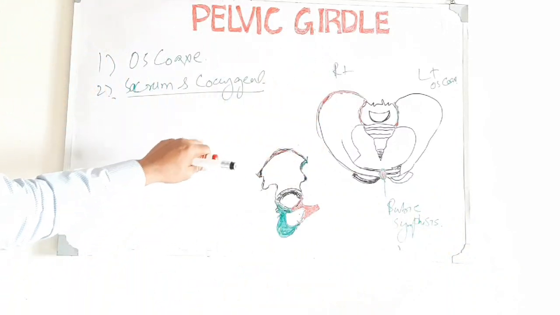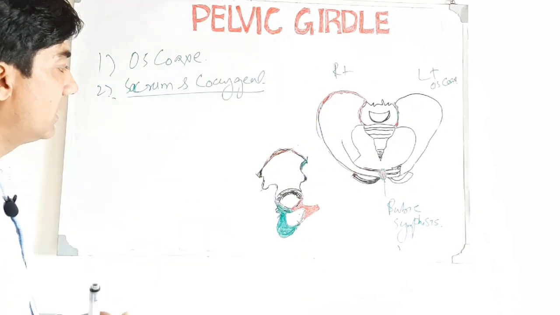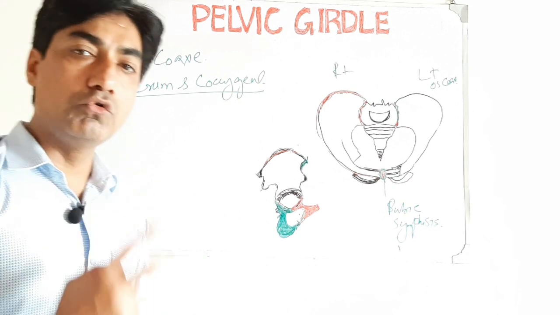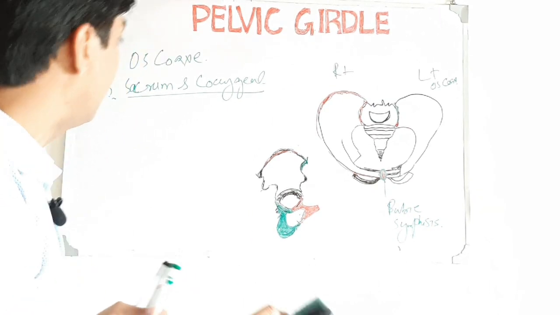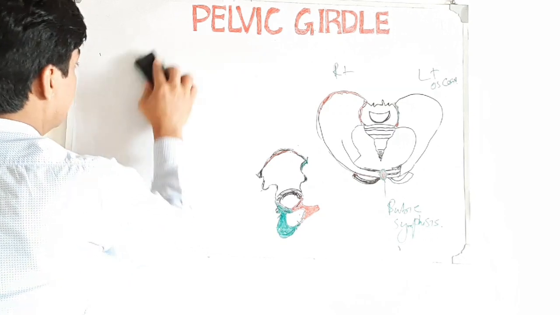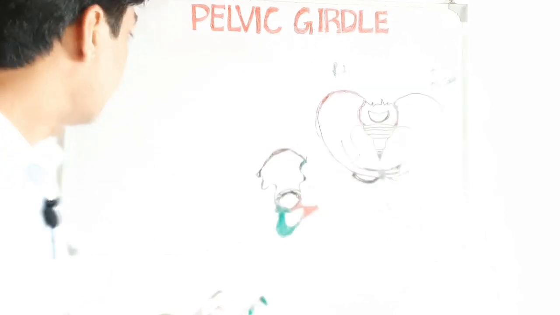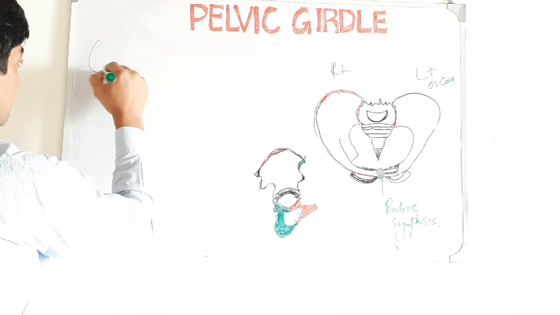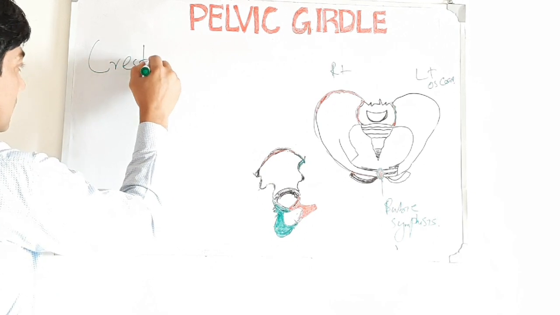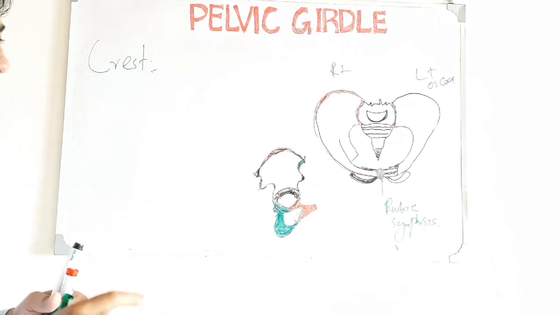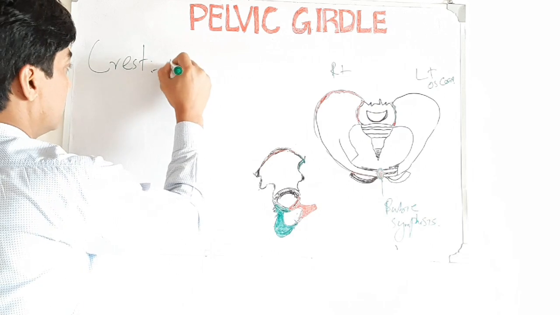Before really talking about the pelvic girdle, we will discuss two basic terms which we will often use in this lecture. First one is crest. A crest is a narrow ridge over the bone.